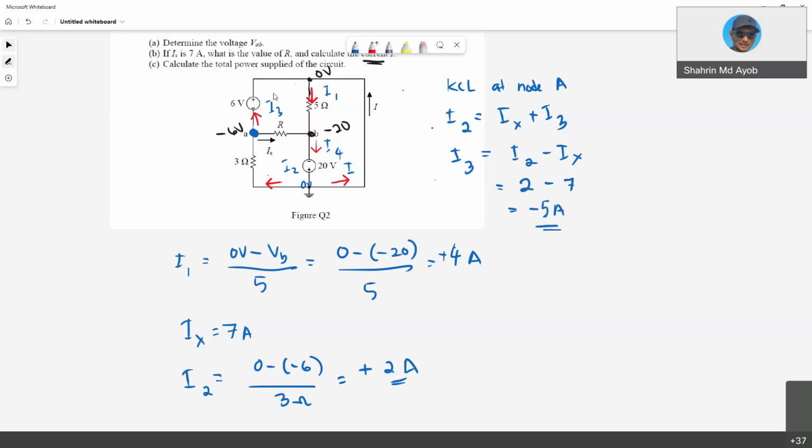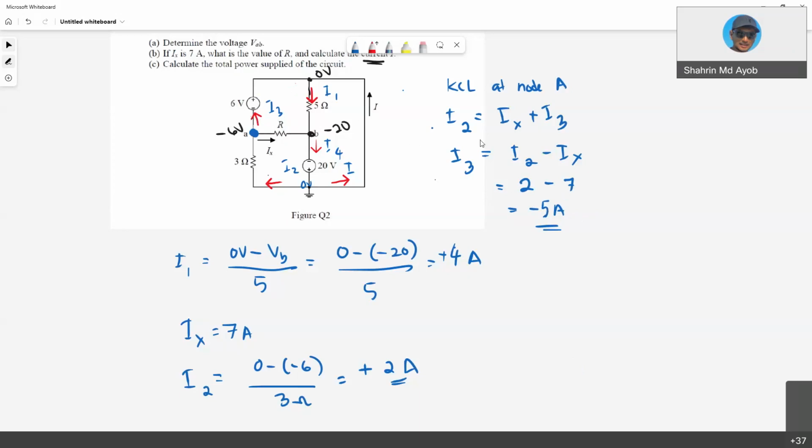So what is meant by -5 amperes? Meaning that the current assumption is actually going up. Okay, going up. But actually the real current is actually going down. Okay, so our assumption is actually in the opposite direction. But it's okay. Please just stick to this direction and the value that you obtain. Okay, do not change that.